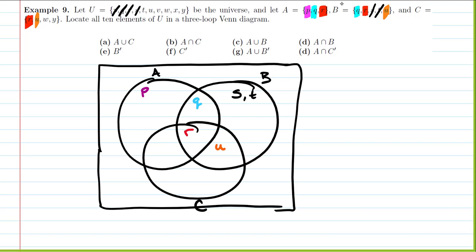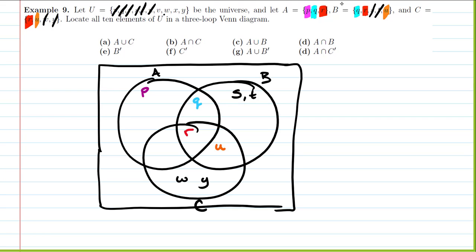Now we have the 2 things that are left in the set C, which are W and Y. So hold on, let's see. I placed S, I placed T, and I placed U. In my next set, I have W and Y, and they're not in any of the other 2 sets, so they're done.